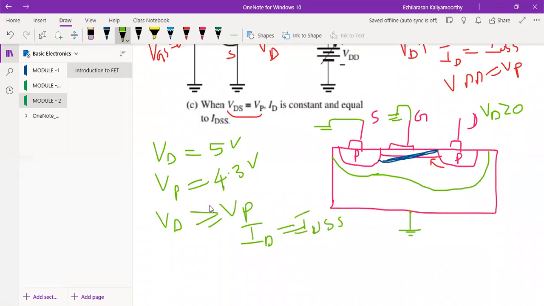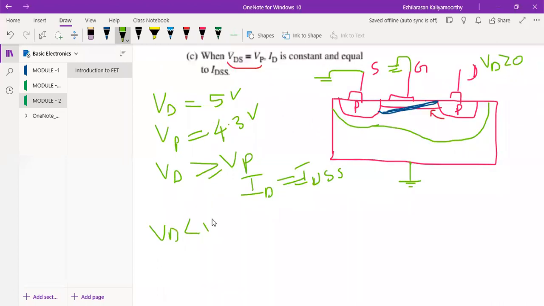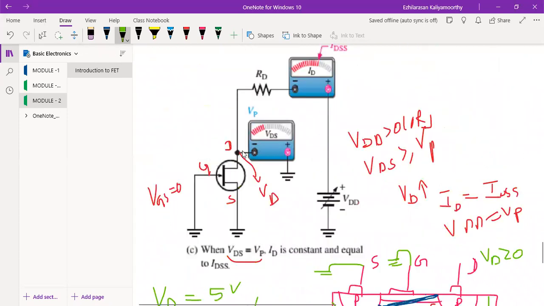Up to that, when VD is less than VP, the ID current will increase, in the sense, ID current will increase exponentially. This is the simple way I can explain in this diagram.